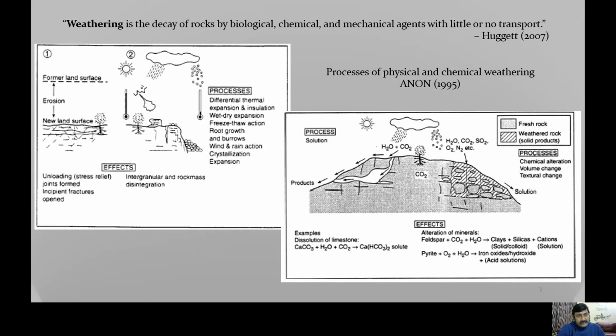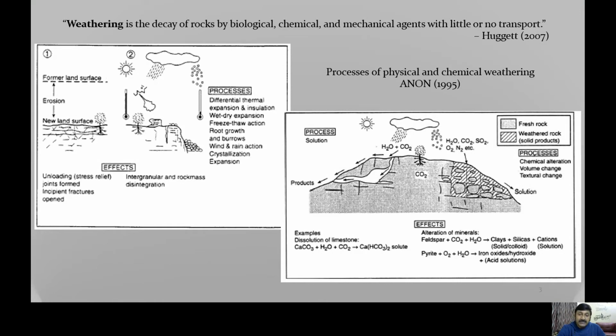So all these things are involved in physical weathering process, and when it is purely a physical weathering process, we can expect disintegration of the rock materials without any chemical change or any chemical alteration of the constituent minerals of the rocks. Whereas if it is chemical weathering, it involves alteration of mineral constituents of rocks.